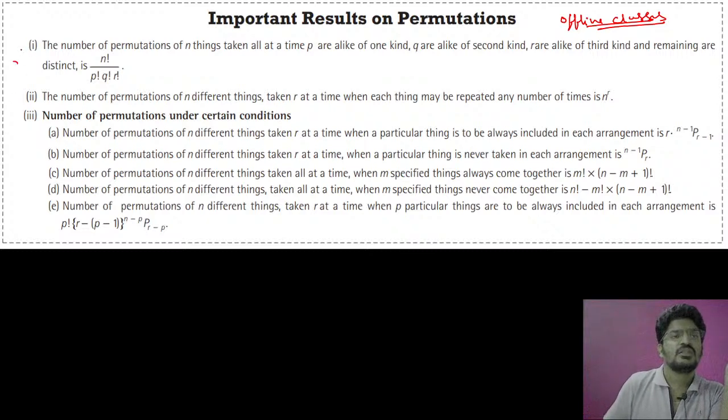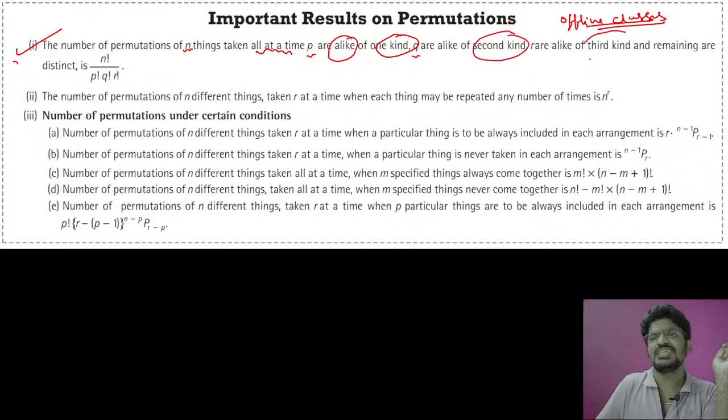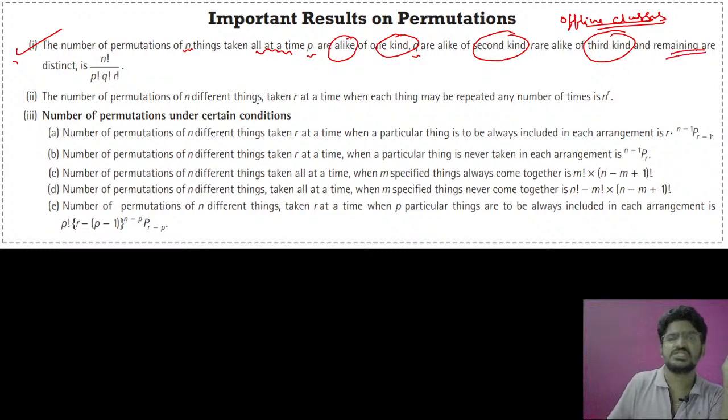Here, this is very easy, which is also known to you. No problem, you can understand this. That is the number of permutations of n things taken all at a time, where p are of one kind, q are of the second kind, r are of the third kind, and the remaining are distinct. So that means n factorial divided by p factorial into q factorial into r factorial.